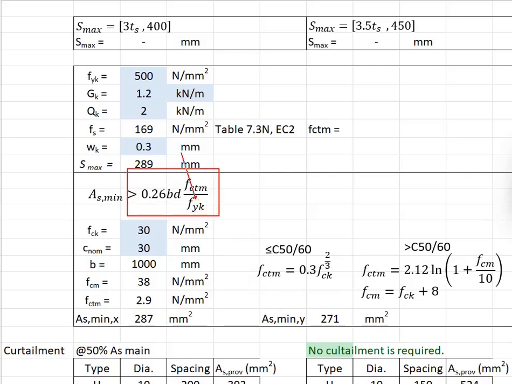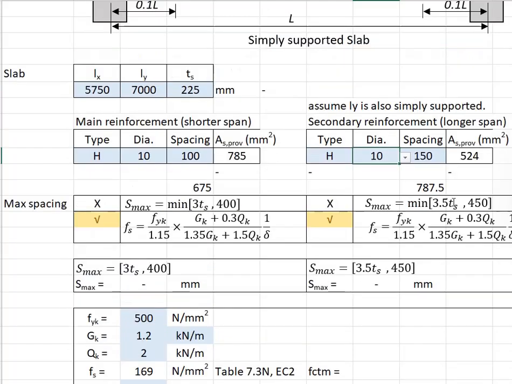Substitute all the relevant values into the formula. You get your As,min, which is 287 and 271 for the main and secondary bar. The provided amount of reinforcement bar is greater than the As,min. That means it is acceptable.